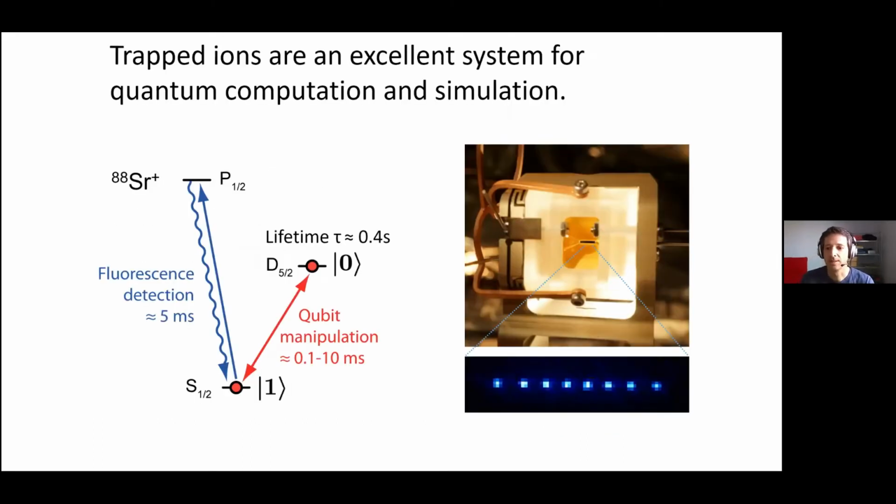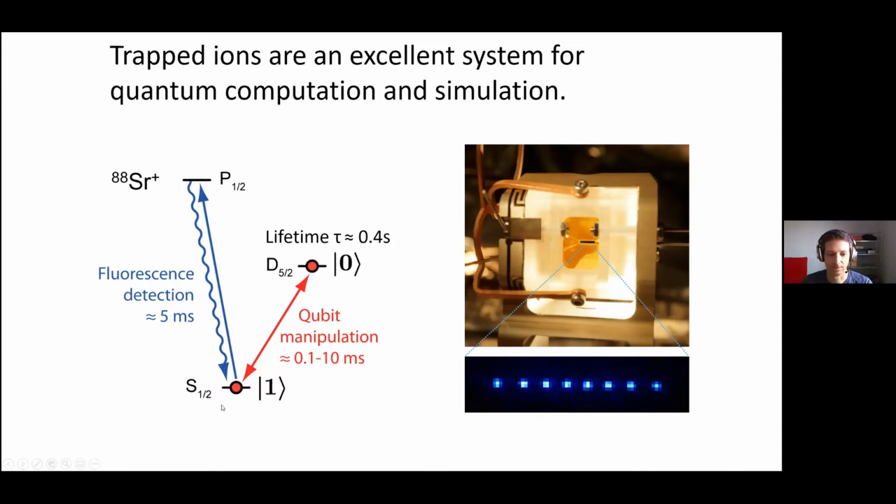As I said already yesterday, we are working with strontium ions, and we want to use them for quantum computation in principle. In our system, we want to use the Rydberg interaction for quantum gates, but the qubits are still encoded in low-lying states.